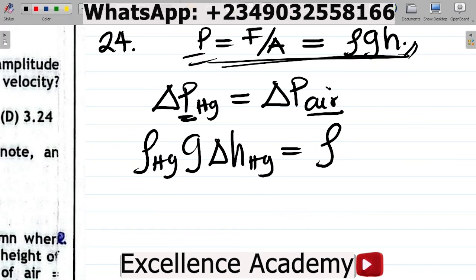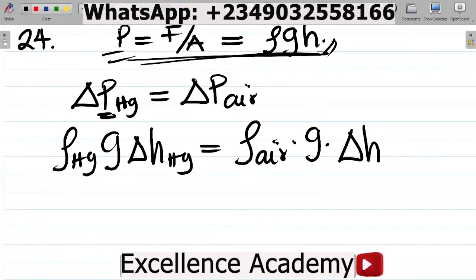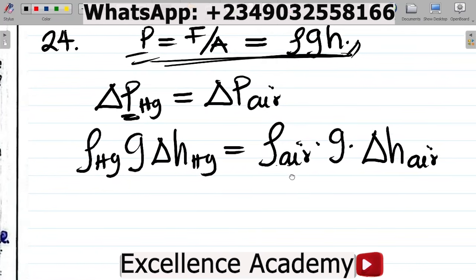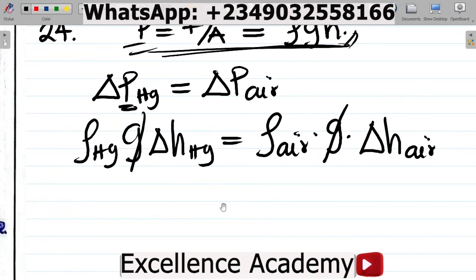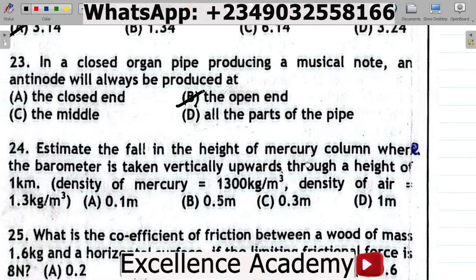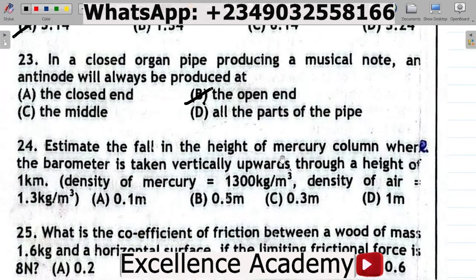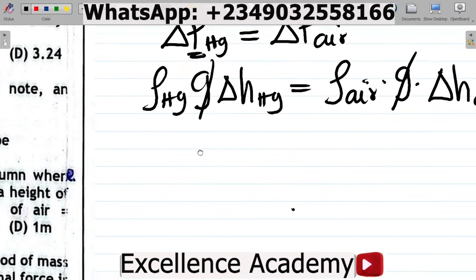density of air times gravity times change in height of air. Now looking at this, we can see that we have g on both sides, so they cancel out. We are asked to estimate the fall in the height of mercury, so we're looking for the change in the height of mercury.